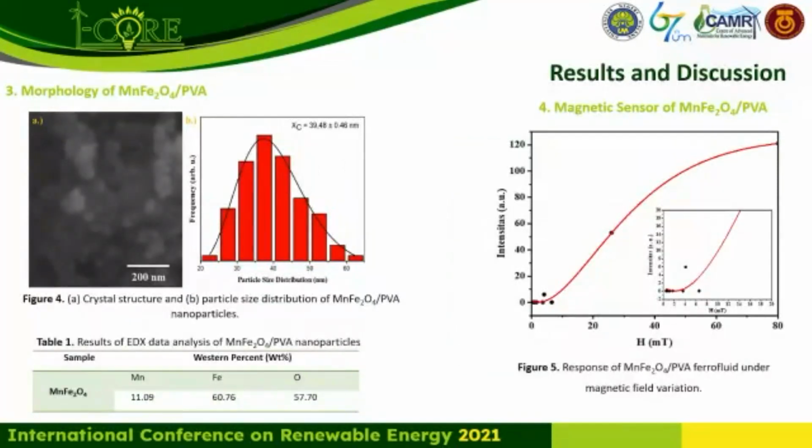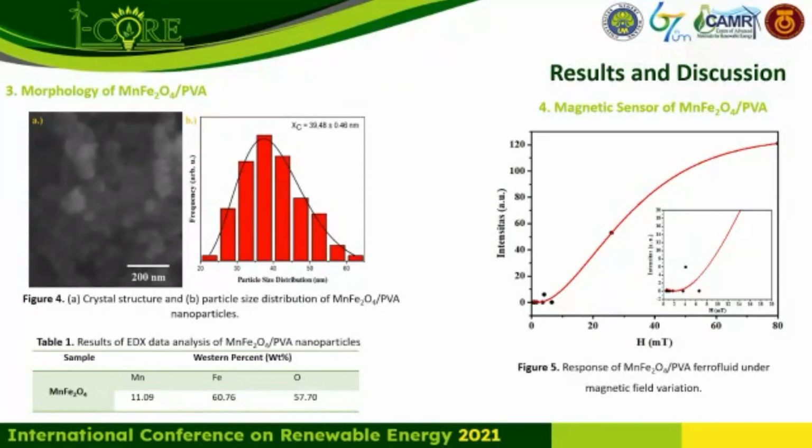The morphology of the manganese ferrite PVA sample and the particle size distribution can be seen in figure 4. The morphology is a spherical nanoparticle with a fairly uniform particle size distribution with little agglomeration. The particle size in this study was 39 nanometers.